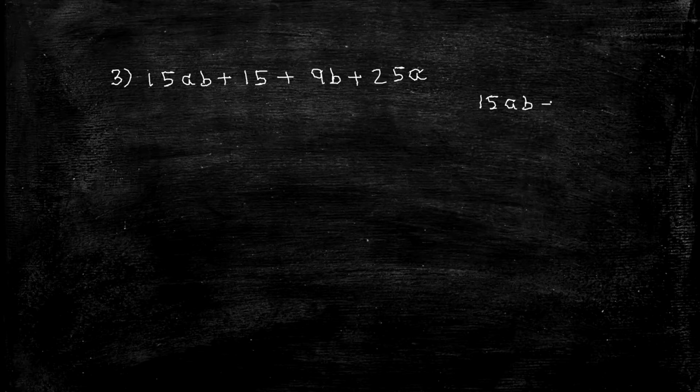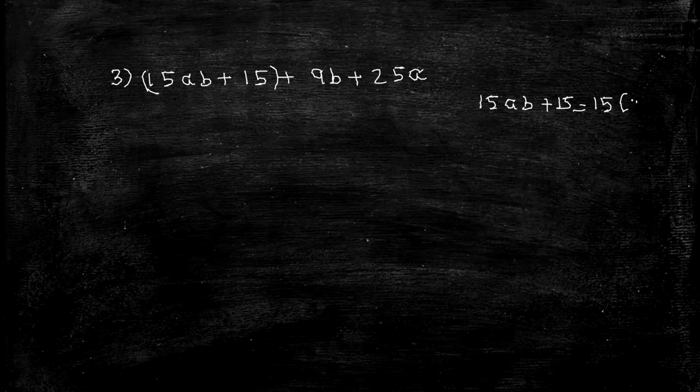Let us take another example. 15ab plus 15 plus 9b plus 25a. Now in this case, if I am combining 15ab plus 15, the first two terms, I see that I have got 15 in common.